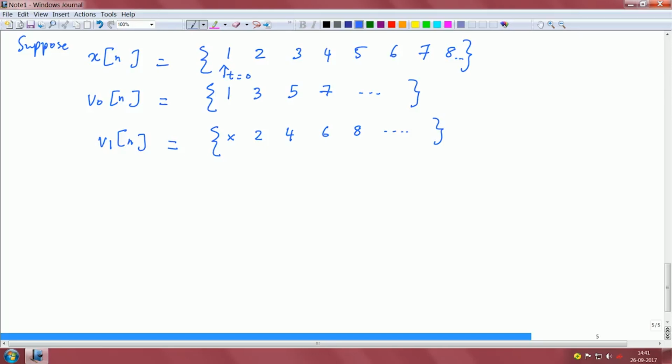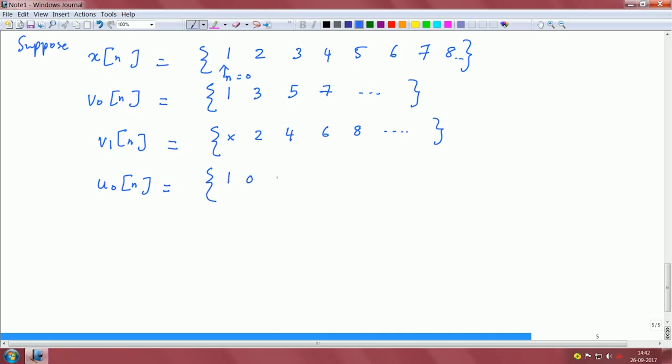Okay. Now we have V1 of n, maybe in the interest of being consistent, I will call this n. So n equals 0, n equals minus 1, we had some x here. And then when you downsample you get x 2 4 6 8. Now u naught of n is the upsampled version of V naught of n. So therefore we have to insert zeros.